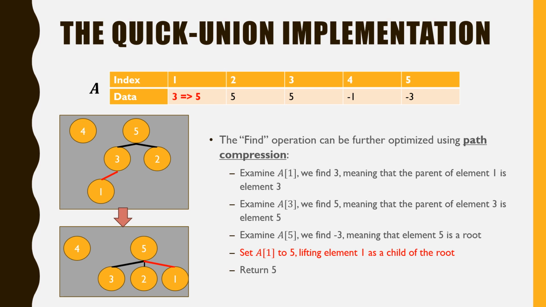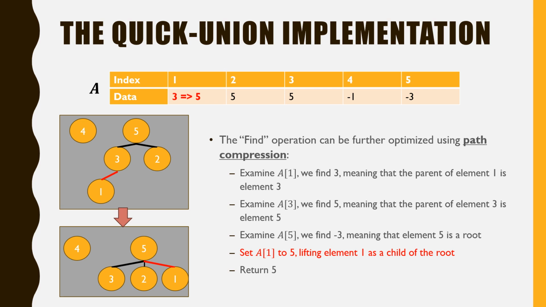For example, consider a disjoint set represented by the upper forest. Initially, A1 equals 3, meaning the parent of element 1 was element 3. By following the parent chain, we find that the root of element 1 is element 5.